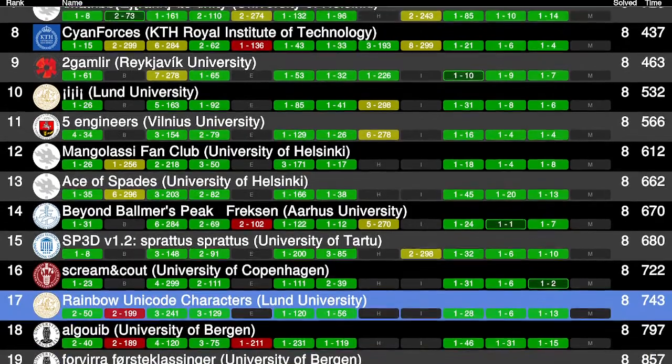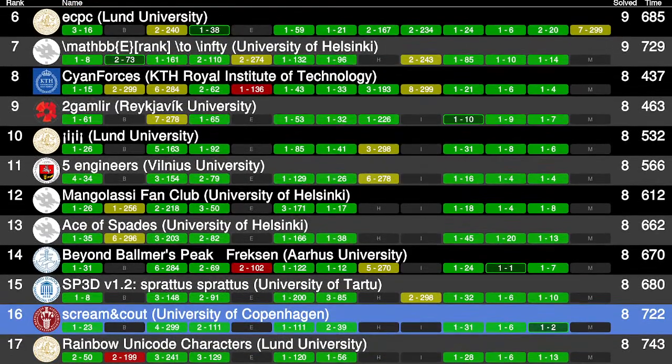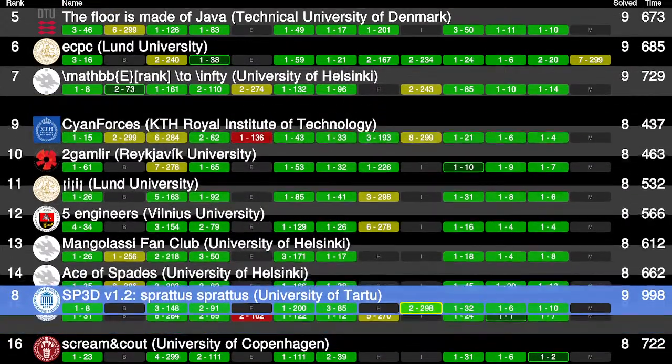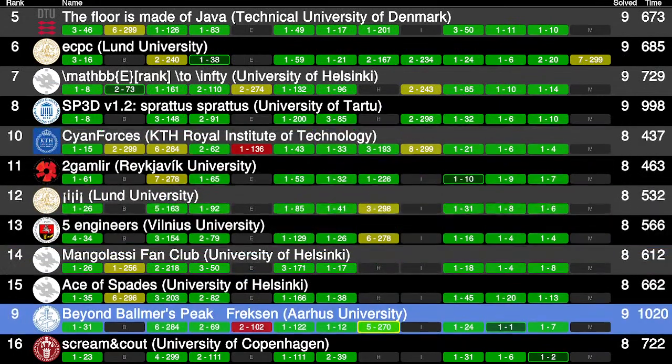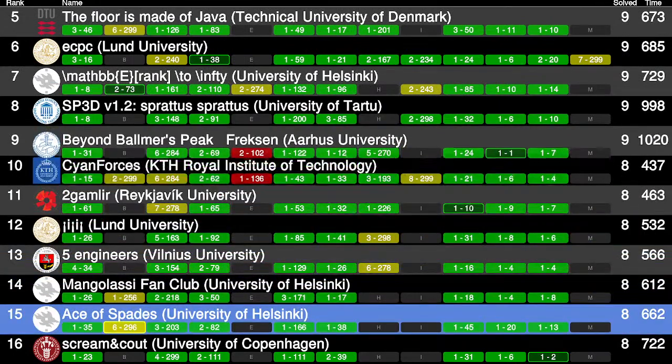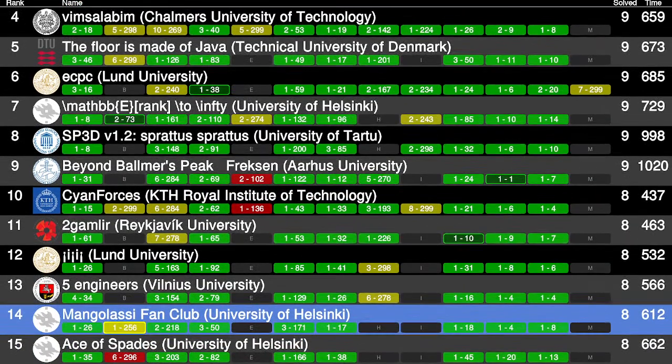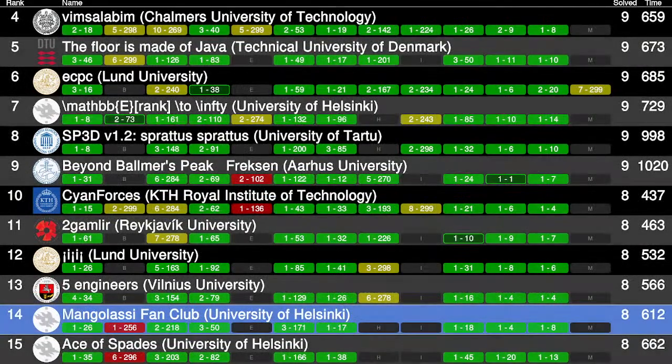Algo UB are done, Rainbow Unicode characters are done, Scream and Cout, SP3D V12 moving up, Balmer's Peak moving up, reaching that peak, Ace of Spades are done, Mangolassi Fan Club are also done, and here we pause because Mangolassi Fan Club are the Finnish student champions. Great job, guys. So at 14th place with 8 problems solved.